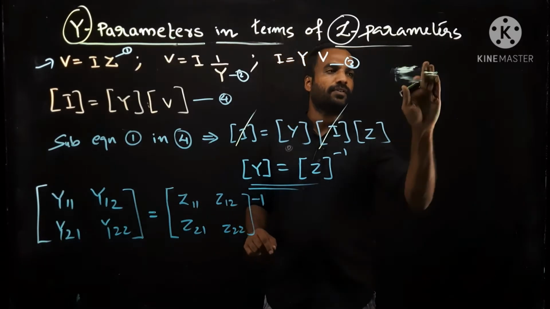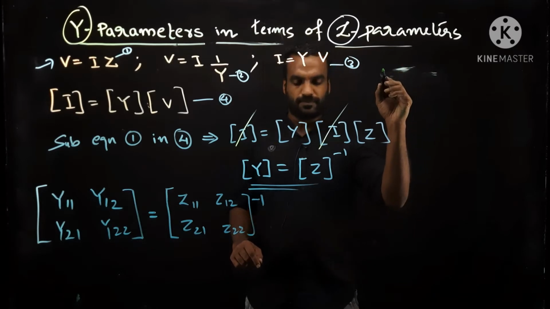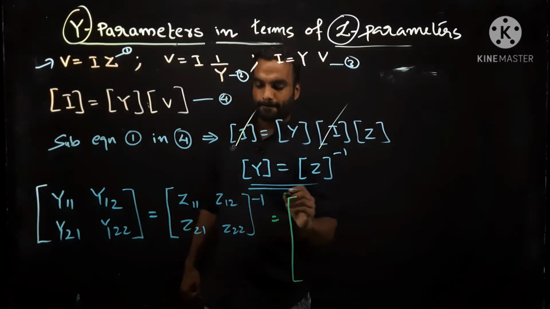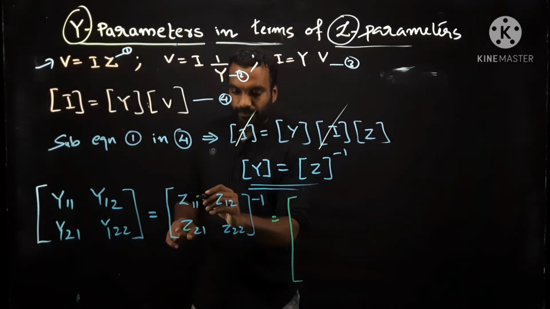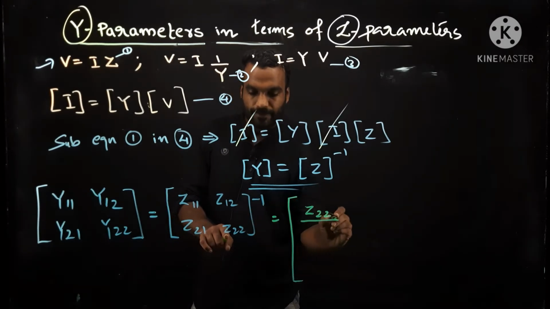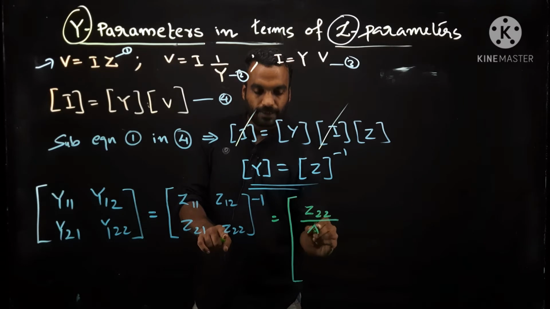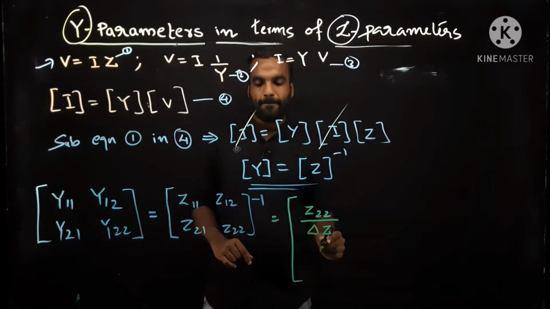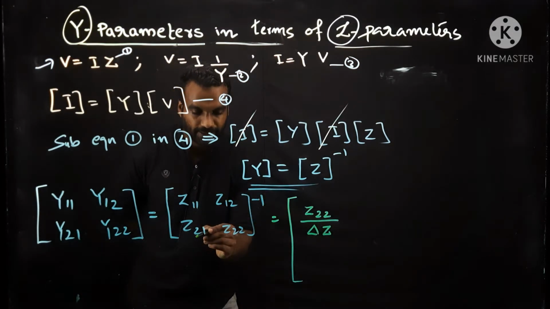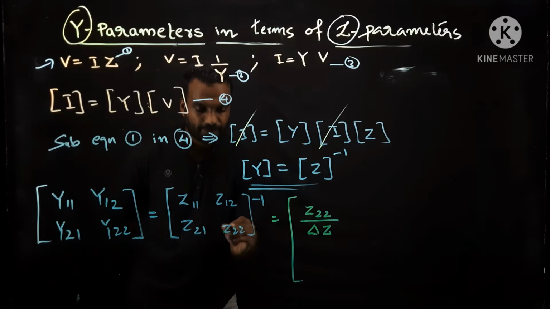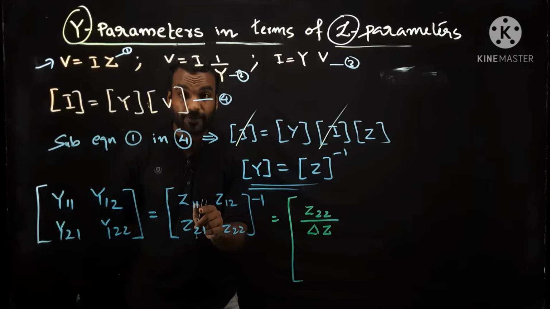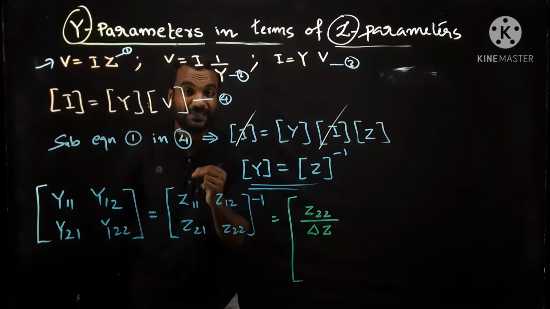Okay, I will write the whole inverse matrix. We have to take Z22 by delta Z. By Z22, take a line, cross line here and cross line here. What will be the remaining element? That will be this element. And as for Z11, add 1 and 1, you will get 2. 2 is an even number.